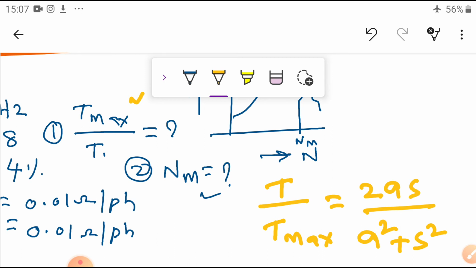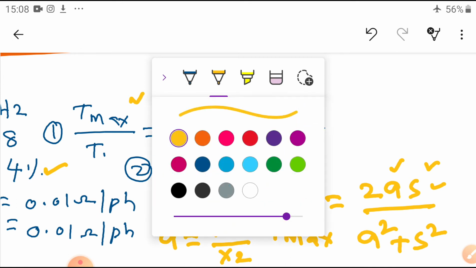For this purpose, a is required and S is required. How are we going to calculate? a I can calculate: a is equal to R2 by X2. The slip is given directly, 4%. Based on this, I am going to substitute these values.